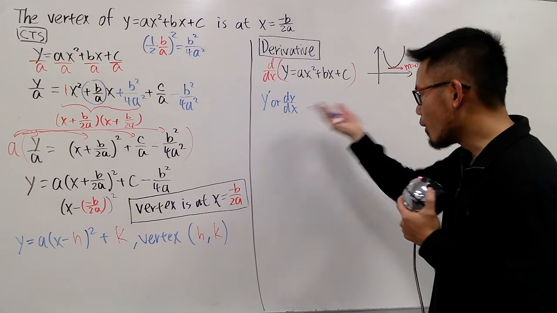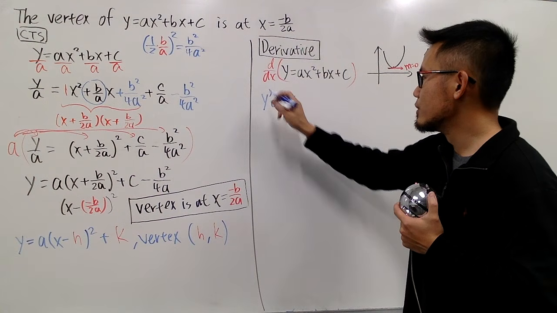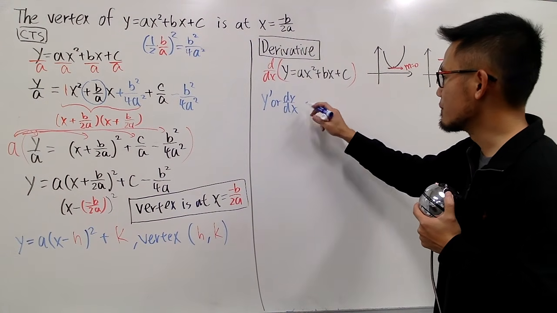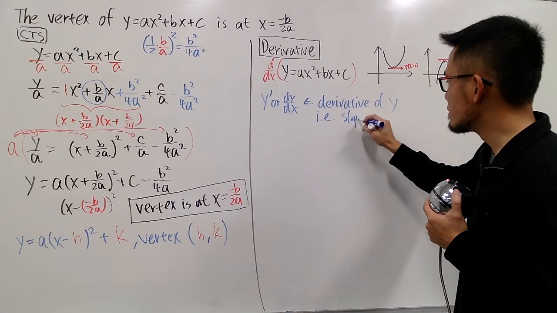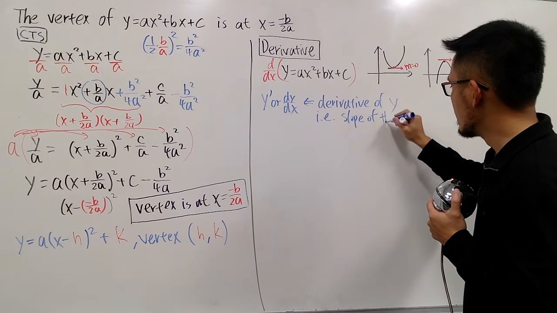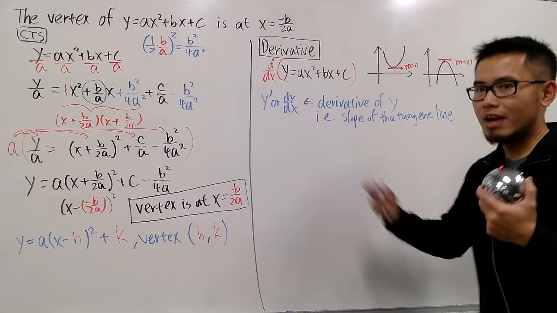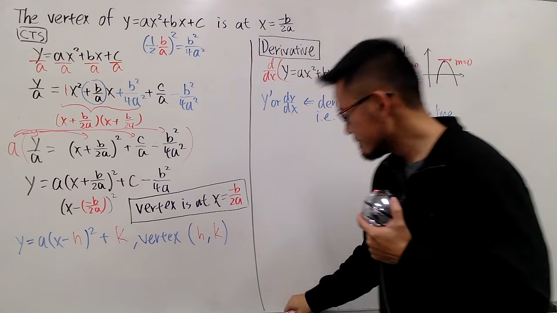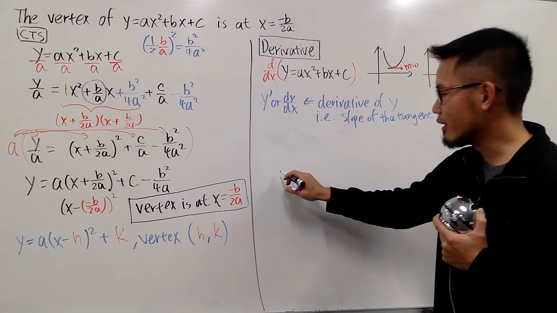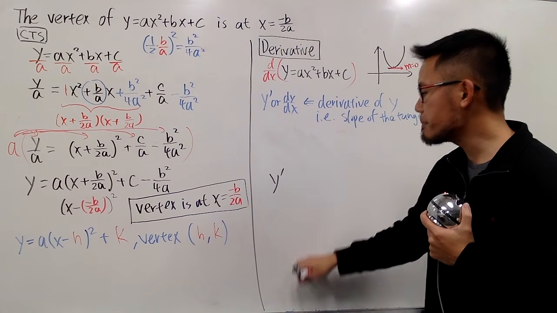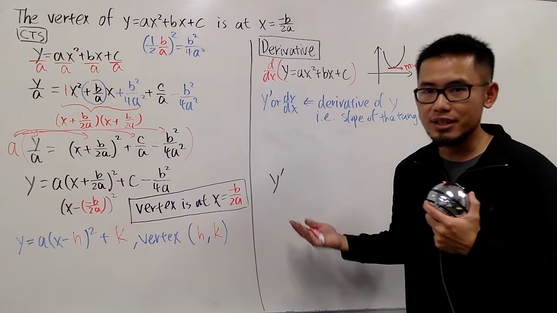Both of them just mean the derivative. In other words, this will tell you the slope of the tangent line at whatever point you want. So on the left-hand side, I'll write down y prime, and you can use either one, it doesn't matter.